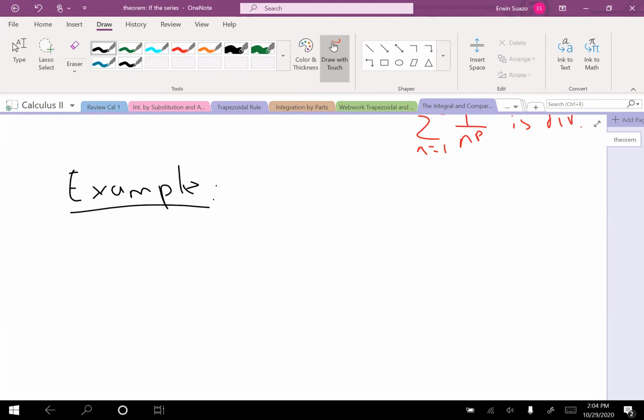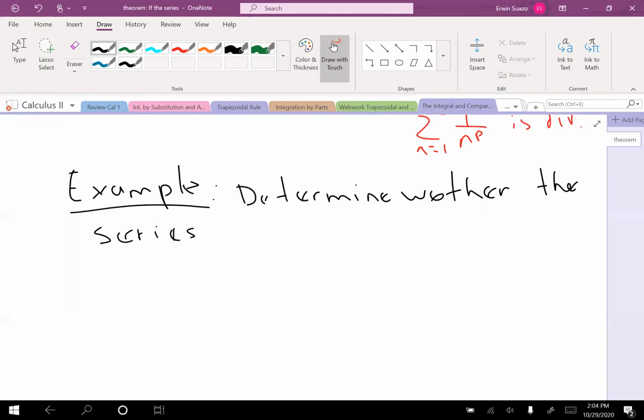Example: determine whether the series sum from n equals 1 to infinity of ln of n divided by n converges or diverges.